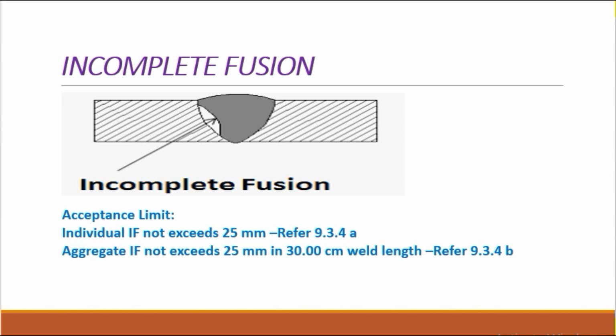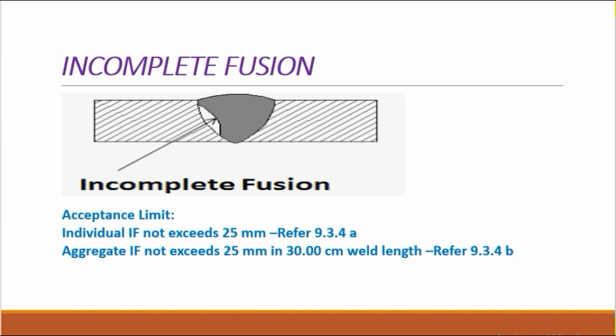So what is the acceptance limit? Individual IF should not exceed 25 mm, refer 9.3.4a. And aggregate IF should not exceed 25 mm in 300 mm of length, refer 9.3.4b.